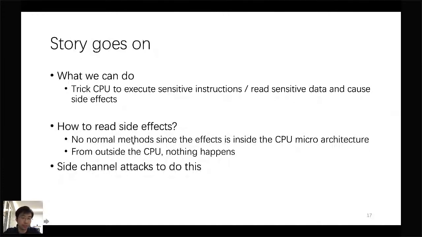So how do we read the side effects? This is how side channel attacks are used. There are no normal methods which can be used to read the side effects, because it all happens inside the CPU. I have explained it before. From outside the CPU, from our observation, nothing really happens, and only side channel attacks can do this.